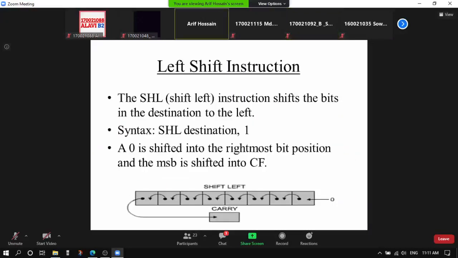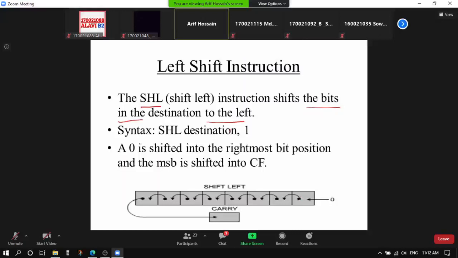Now these things are simply shifting. These are actually much simpler. If you understood mask, these are nothing. So SHL is basically your shift left instruction. What it does is shift the bits in the destination to the left. So if your syntax is SHL destination comma 1, then in your destination all of your bits will be shifted to your left.